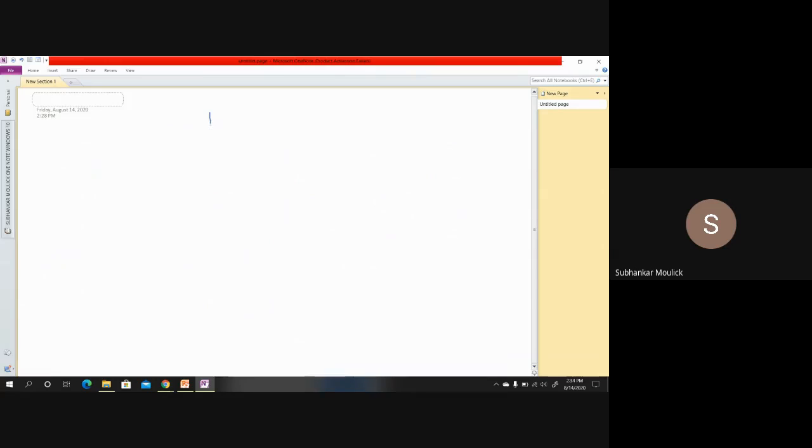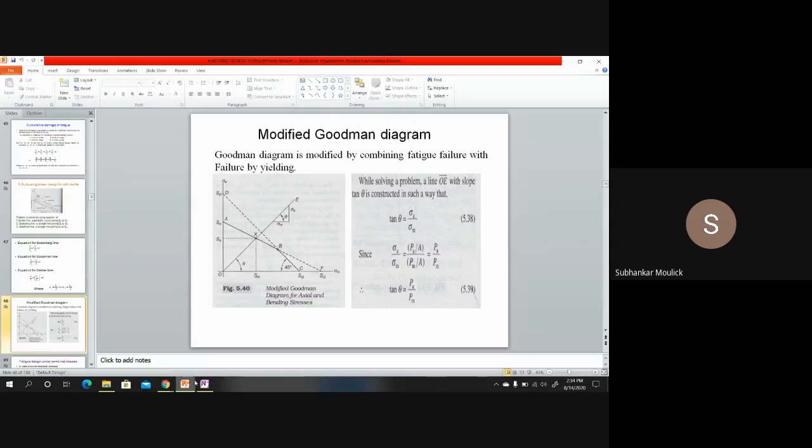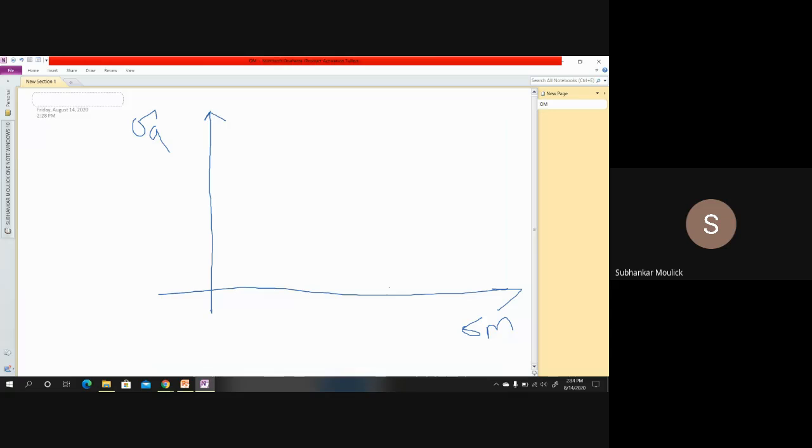So I know that my y-axis is sigma A, alternating stress, and my x-axis is sigma M, mean stress. This is my SYT, because if I only consider static load is acting, then if the material is ductile in nature, it will fail at SYT, and if the material is brittle in nature, it will fail at SUT.